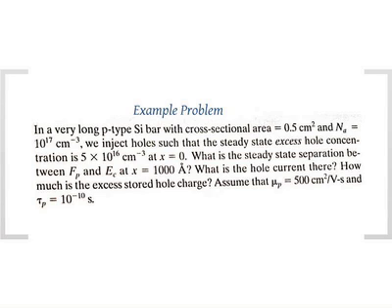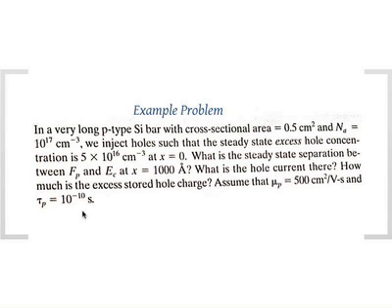So tau p is given here, 10 raised to minus 10 seconds. Dp is a constant for silicon, so you can look it up in a table. It doesn't change. So now you know LP.